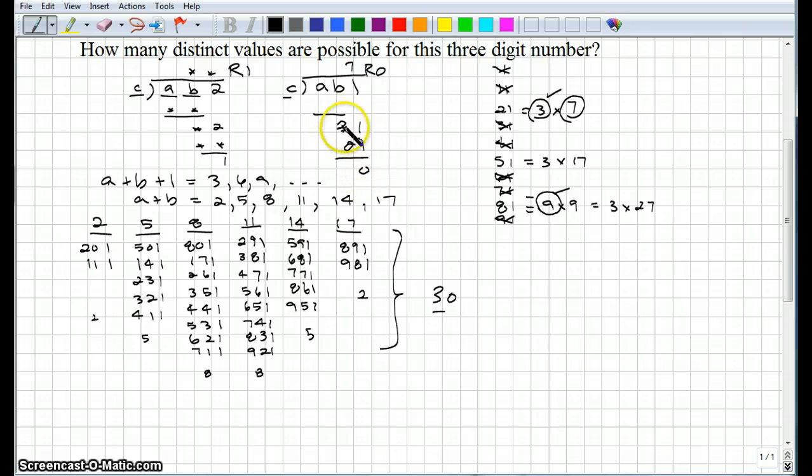So this has to be a 2. So that means whatever is here has to be 2 less than whatever AB is. So we have some multiple of 7, because here we're dealing with a case where C is 7, all right?